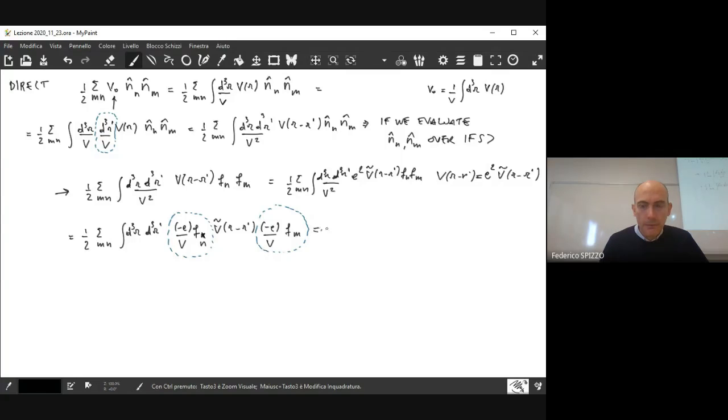So we may write this as the summation over m and then of d3r prime charge density corresponding to level n. I know that the charge density is uniform, but please let me write that as r, but we know that charge density is uniform, so no actual coordinate dependence.